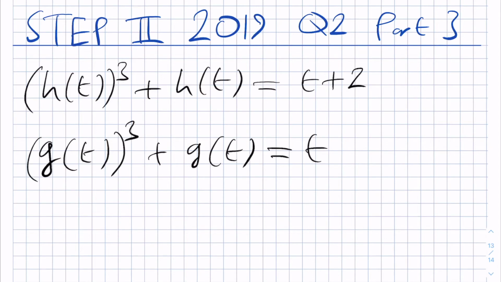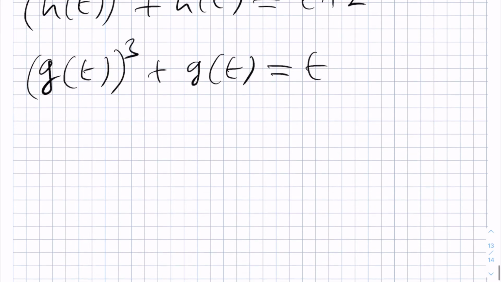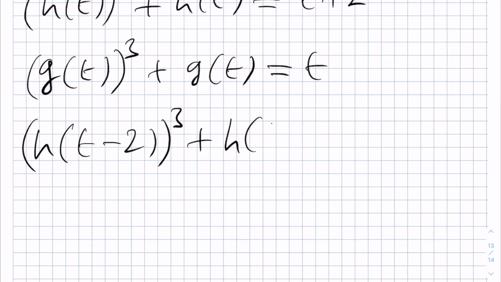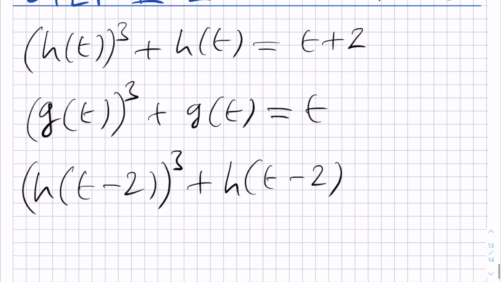If we have an input of t minus 2 in here, here, and here, then what do we get? We have h of t minus 2 all cubed plus h of t minus 2 is equal to t minus 2 plus 2, which is equal to t.